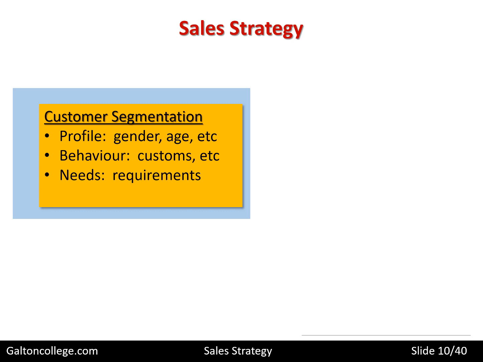And then we need to look at their needs. What do they want? What have they currently got, and what could they be offered?